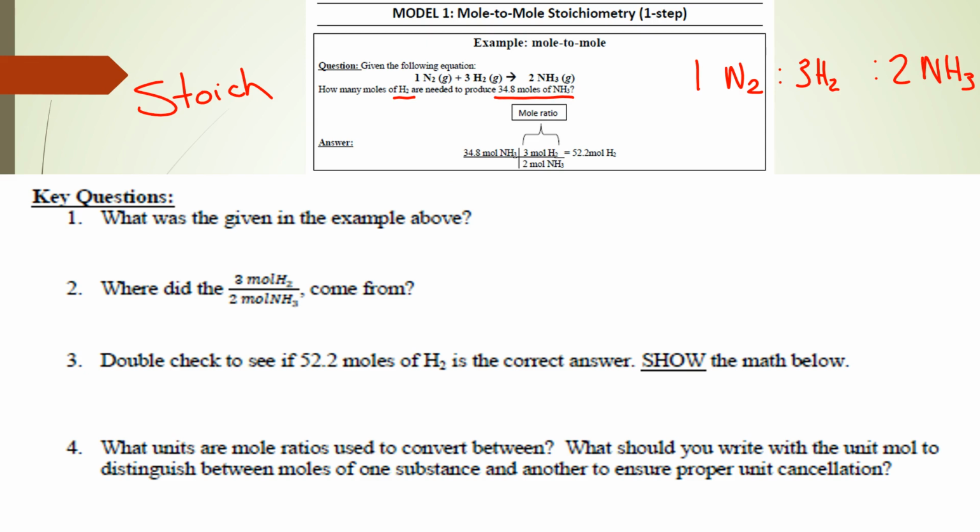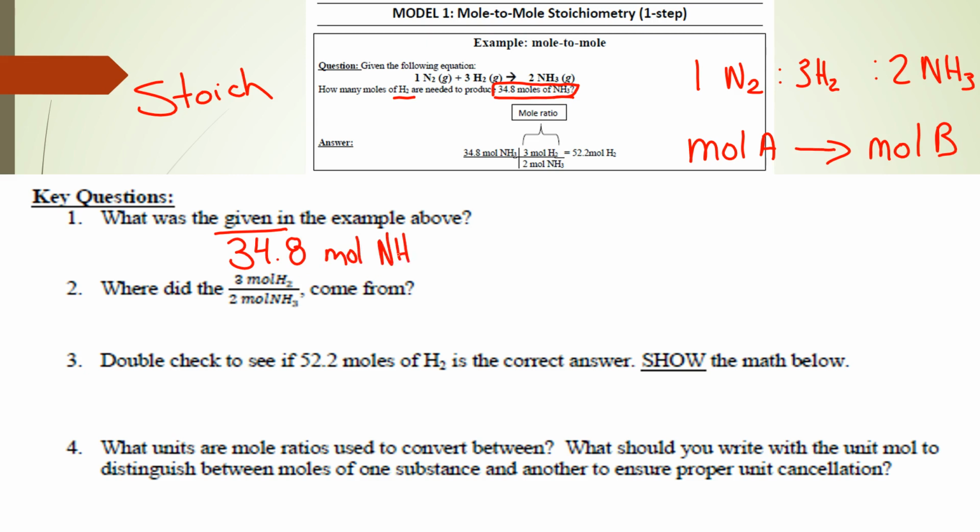In this case, my relationship is going from mole of A to mole of B. The first question asks me, what is the given in the example? The given is that we are starting off with 34.8 moles of ammonia.